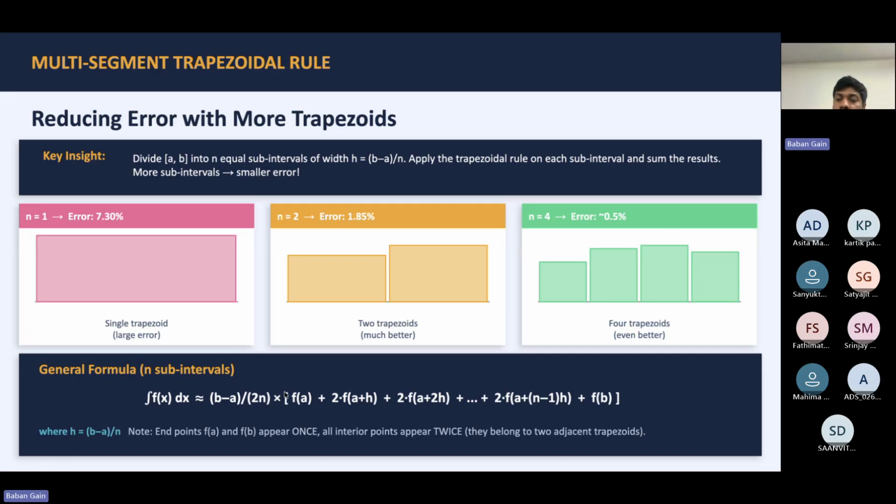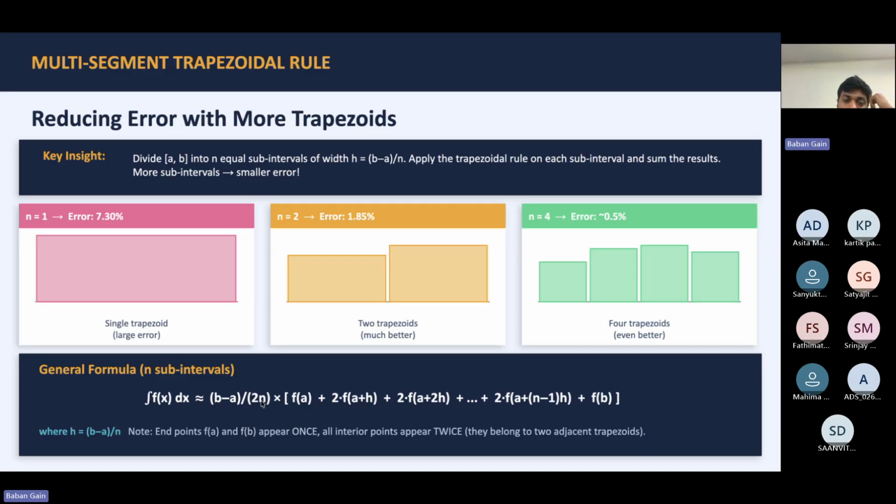Once you have calculated this, you have to calculate b minus a, the length of the x, divided by 2n. 2n because of how many times you are sampling. This part, b minus a divided by 2, is common, same as the previous one.